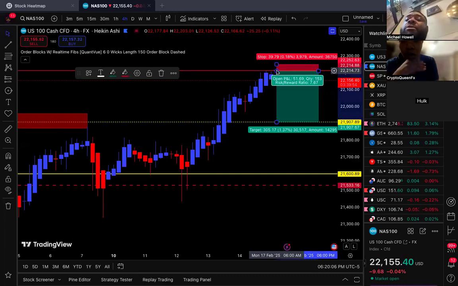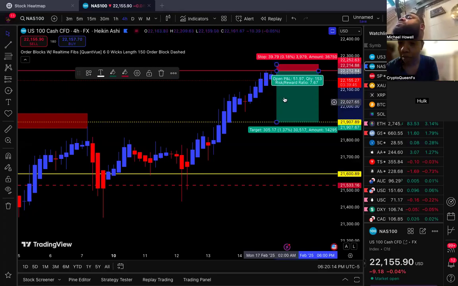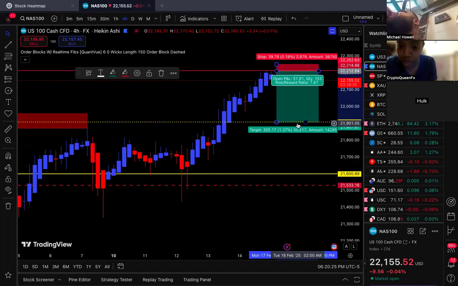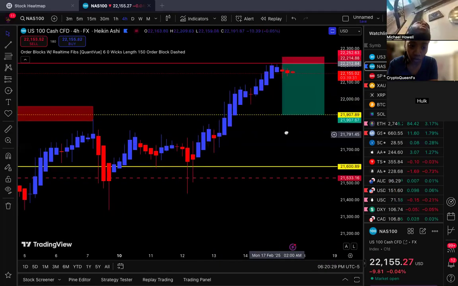The stock opening bell is at 9 or 9:30. But the news came out before that last week. CPI had come out before that, and news of inflation had come out before then, which caused this move to happen.